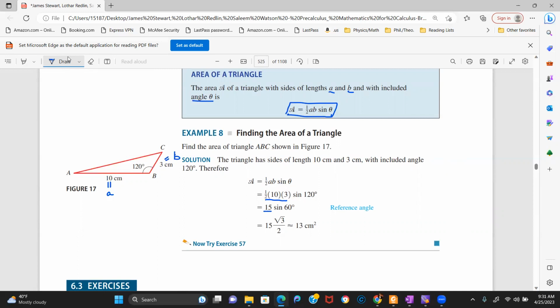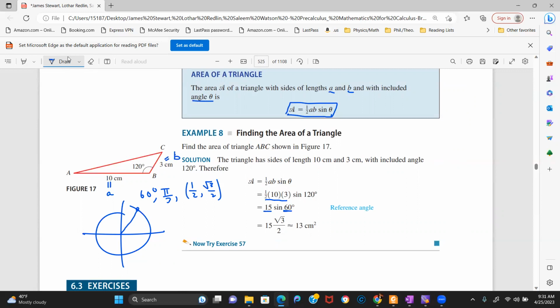And now 120 degrees is less than 180 but greater than 90, so you're in the second quadrant, and your reference angle is a 60-degree angle. So let's just quickly draw the unit circle. Our 60-degree angle corresponds to something up here. The 60-degree angle is the same thing as pi over 3, and the x and y coordinates for that are 1/2, root 3 over 2.